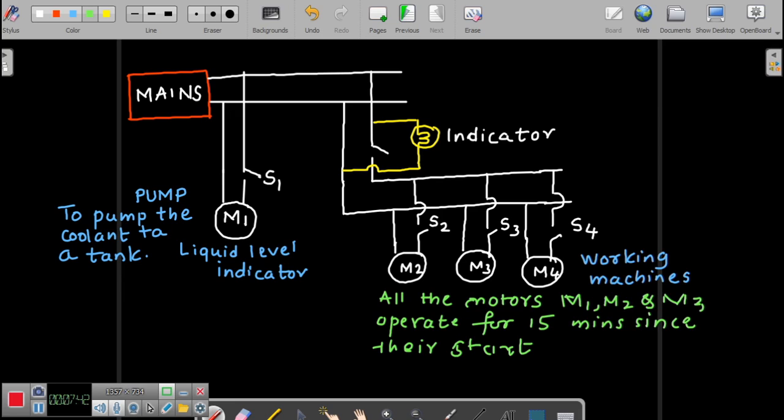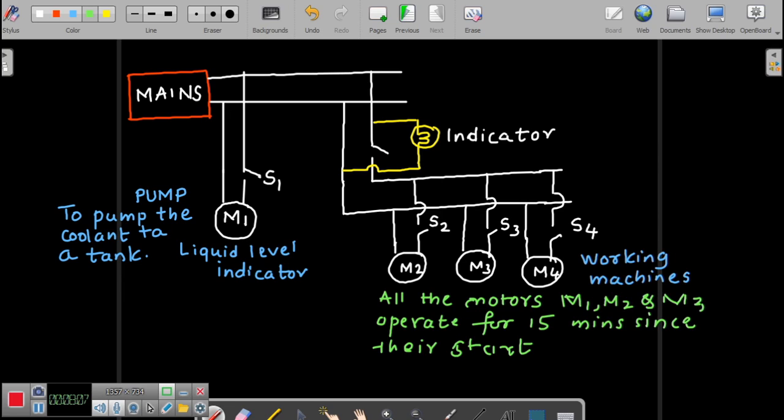The liquid level indicator is a kind of sensor there, right? The action is when you turn on the switch S1, okay, the motor will turn on and it will pump the coolant into a tank. So once the tank is filled up with the coolant, your other operations should begin, followed by maybe the indicator.